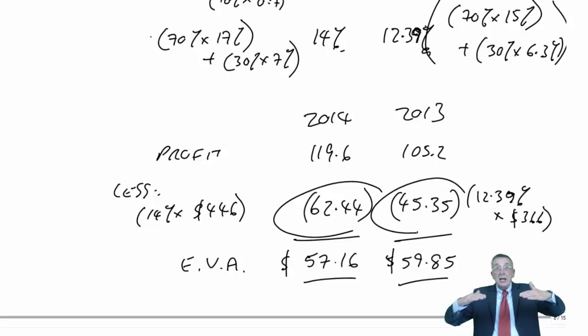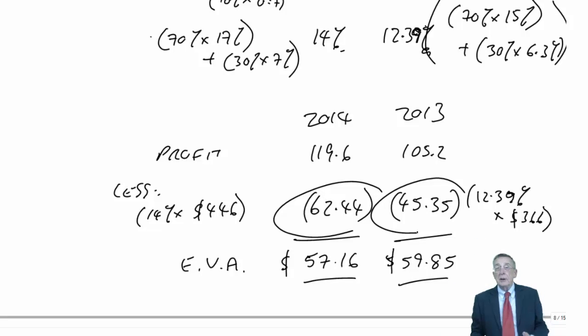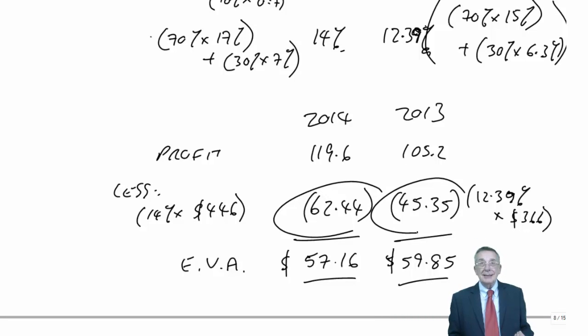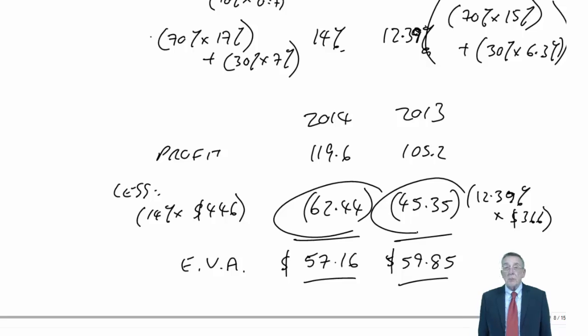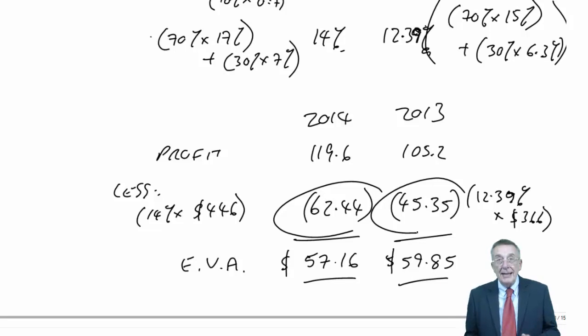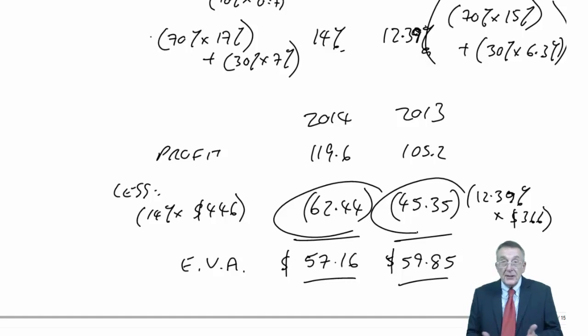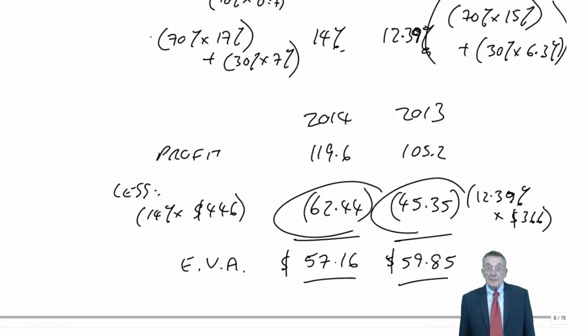If the company's actually earning more than that, the company's growing, it's giving them extra value. If it's earning less than that, then of course we've got problems. And so in both cases, there is this bonus over and above what they need. And the bigger the excess, the better. So in fact, the company's gone slightly worse this year.